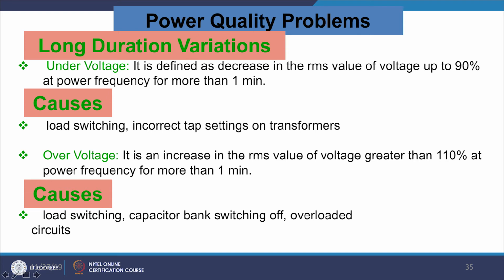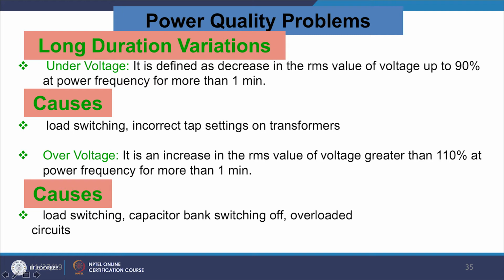Undervoltage is defined as a decrease in RMS value to 90% of the power frequency for more than 1 minute, and causes incorrect setting of the transformer. Overvoltage is an increase in the RMS value of the voltage to greater than 110% of the power frequency for more than 1 minute, and the cause may be capacitor bank switching or an overload problem.